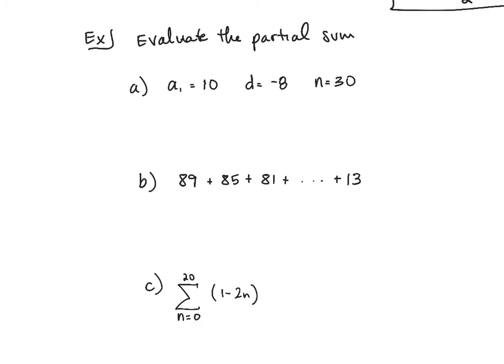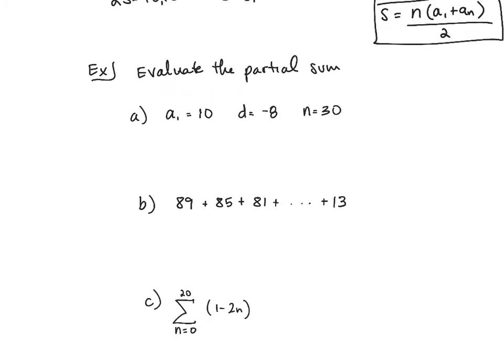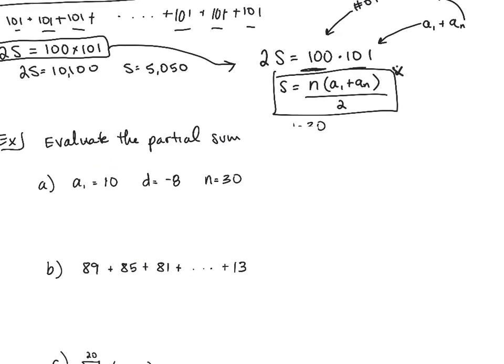We may have a portion of the sequence written out, like part B, or it may be a little more clearly spelled out, like in part A. We know the first term, the common difference, and the number of terms we're adding. So these are 3 different instances of how you're going to see these problems in your homework or on an exam. But they all are going to use this formula right here for the partial sum of an arithmetic sequence.